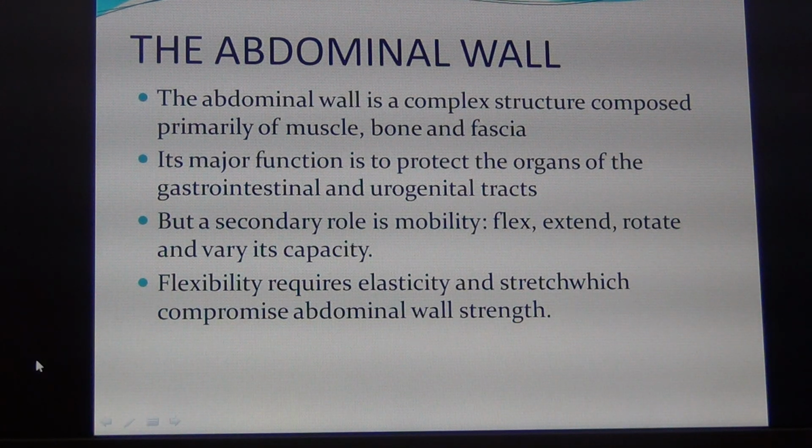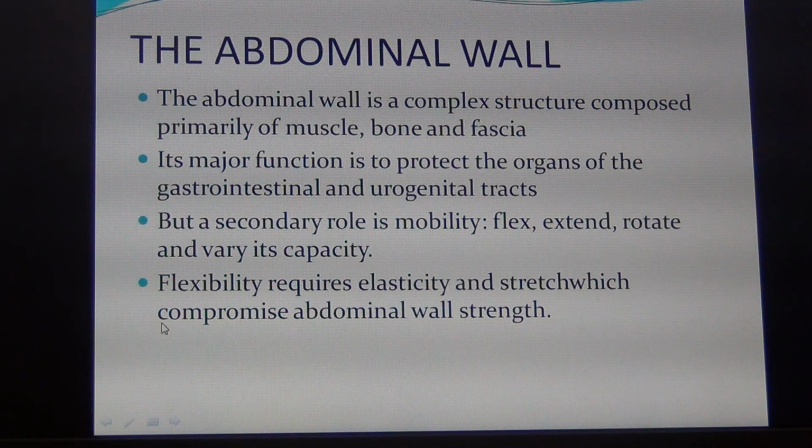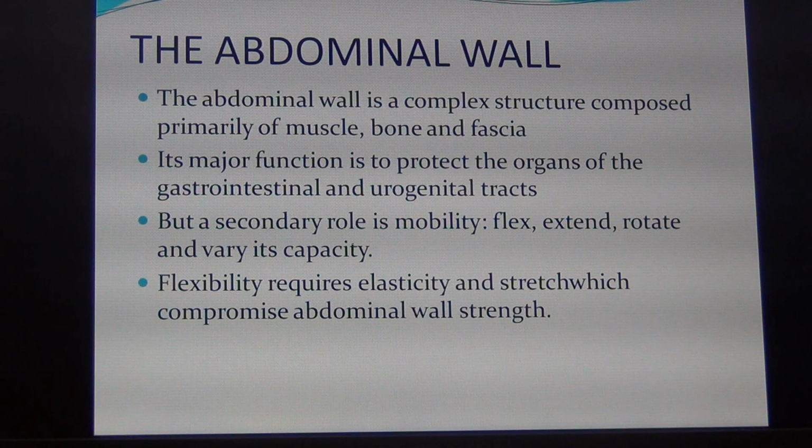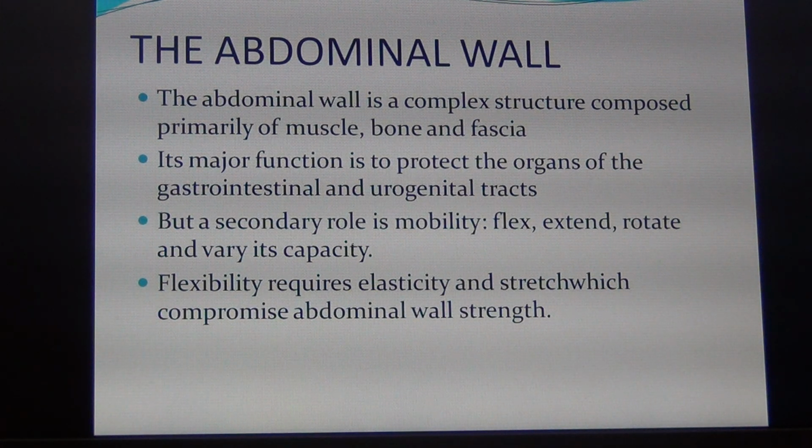The major function of the abdominal wall is to protect the intra-abdominal organs and the urogenital tract. But it has another function, which is mobility: it can flex, extend, rotate, and vary its capacity in order to take the contents of the abdomen.